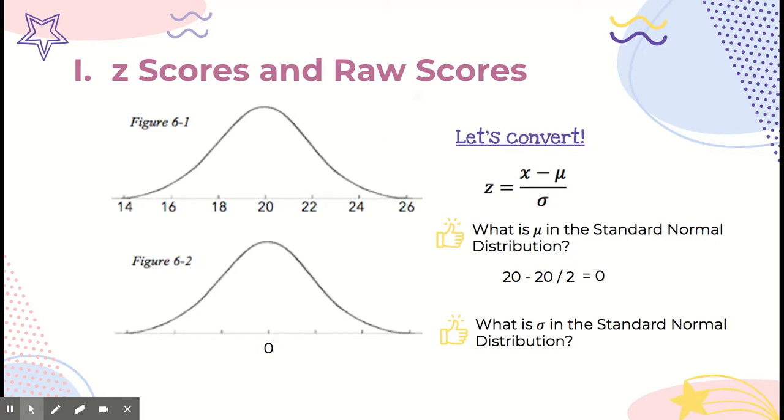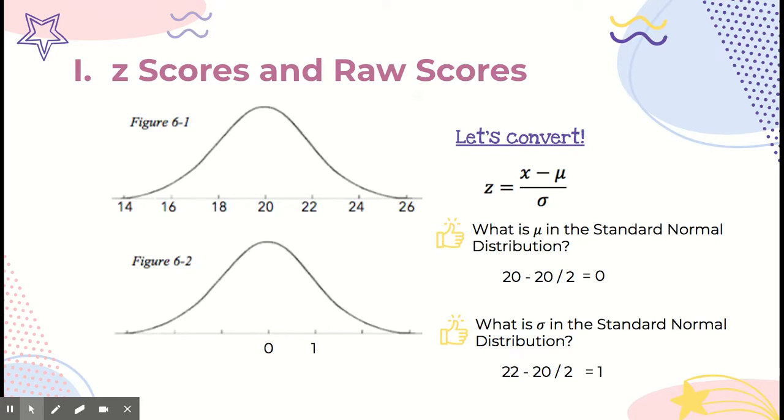Sigma in the standard normal distribution can be found by using either score on the right or the left, subtracting the mean and dividing it by the standard deviation. We can take 22 minus the mean, which is 20, divided by the standard deviation of 2. We get 2 over 2, which equals 1.